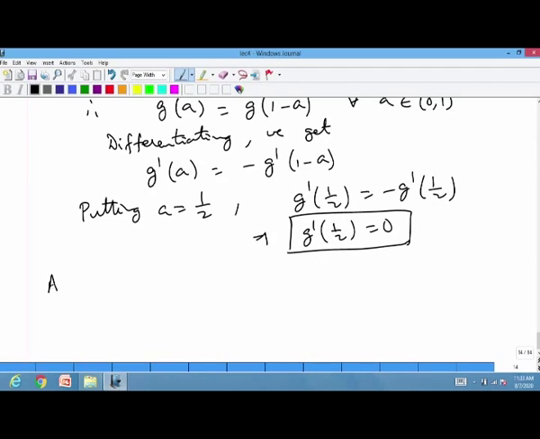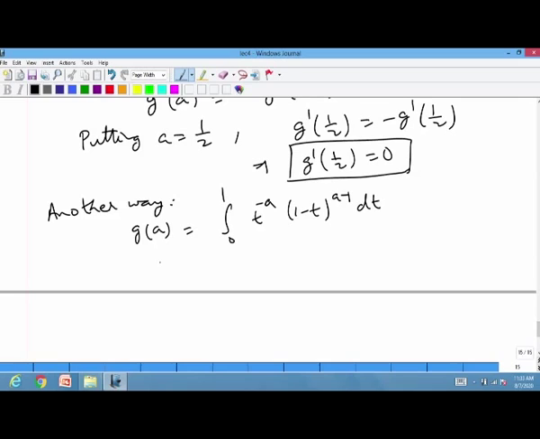Another way to calculate this g prime of half is, we have g of a is equal to the integral from 0 to 1 of t to the minus a, (1 minus t) to the a minus 1, dt. This implies g prime of a will be equal to the integral from 0 to 1 of the partial derivative with respect to a of t to the minus a (1 minus t) to the a minus 1, dt.